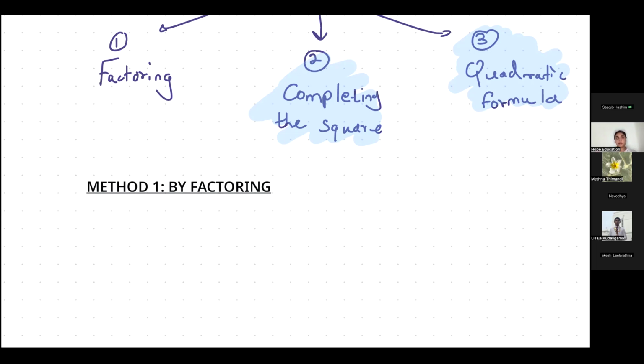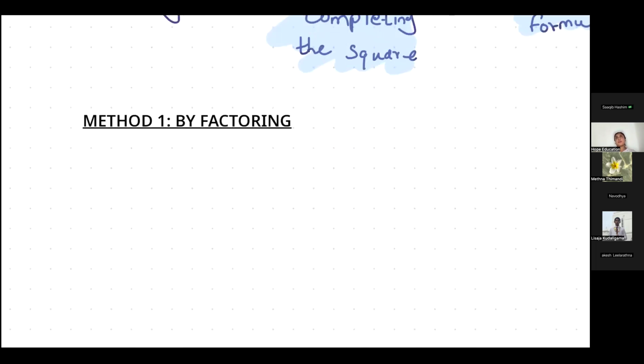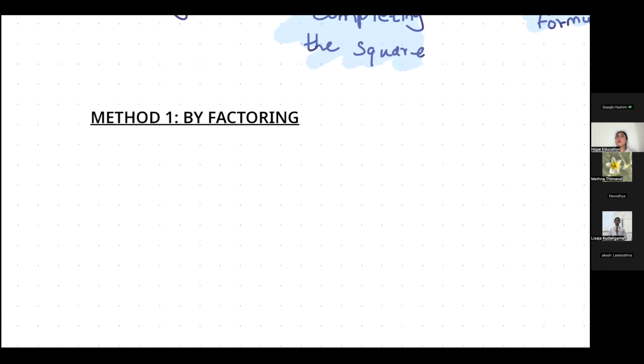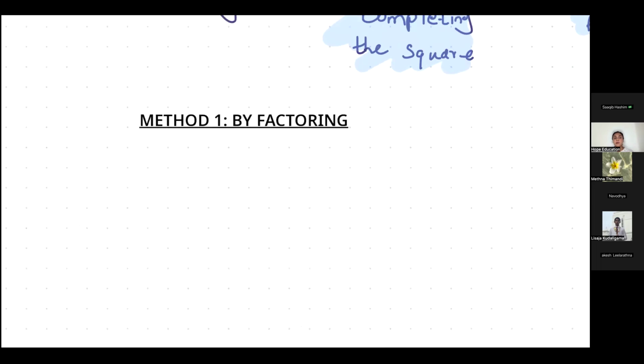It's raining outside. Okay. So do you all know this method already? In grade 10, do you remember we learned how to solve quadratic equations? Give me a thumbs up. Example 1.